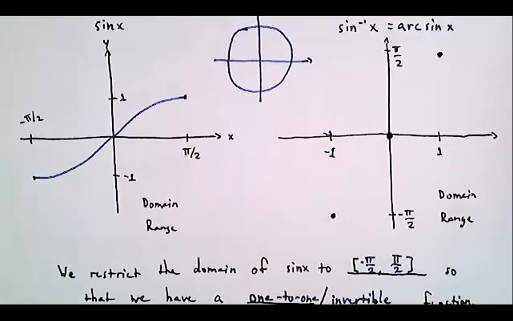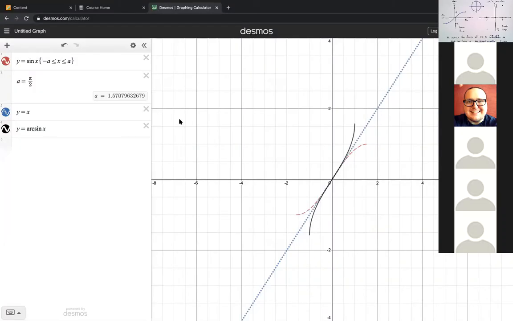And then we can see how these get switched. Maybe I'll switch back to the graph really fast. So the black curve, remember, is arc sine. So I'm going to connect mine on my paper, something like this.